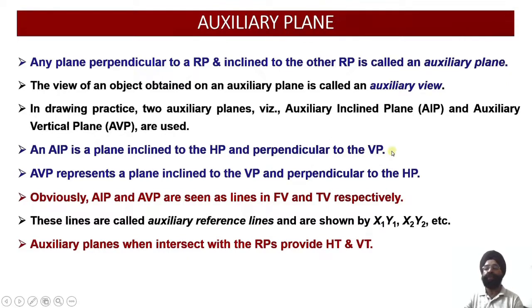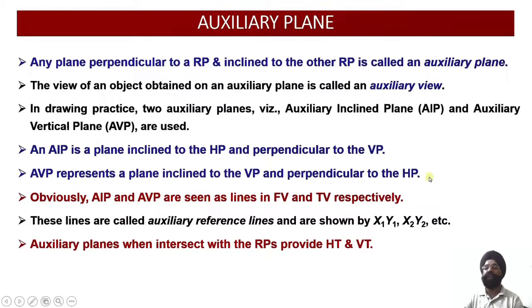This AIP is usually used to evaluate the true shapes of the surfaces which lie on any given object or component and which happen to be inclined to the horizontal plane. Similarly, AVP, that is the auxiliary vertical plane, represents a plane which is inclined to the vertical plane and is perpendicular to the horizontal plane.